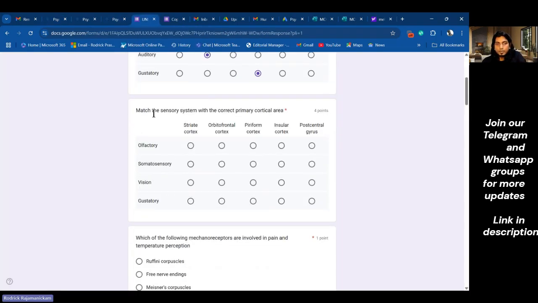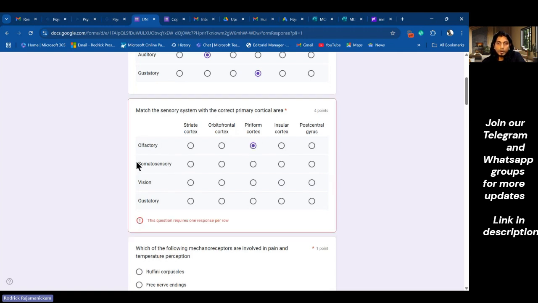Fine. So next is match the sensory system with the correct primary cortical area. For olfactory, we just saw it, piriform cortex. Somatosensory is your post-central gyrus. Pre-central is for motor, post-central is somatosensory.